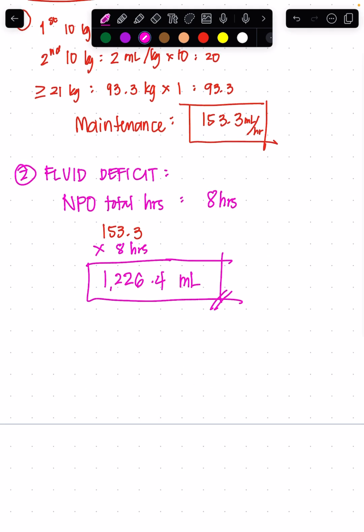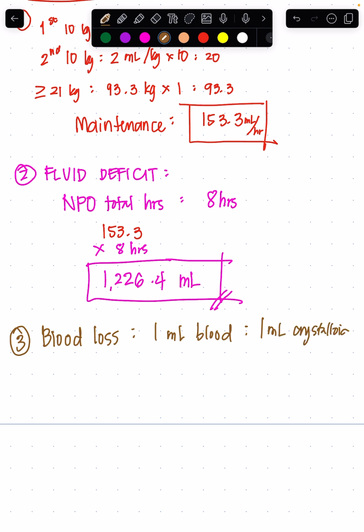And then we don't stop here. We also need, step 3, to calculate the blood loss. So the blood loss is actually replaced 1:1. So per 1 ml of blood lost, you give 1 ml of crystalloid. So that's easy enough.